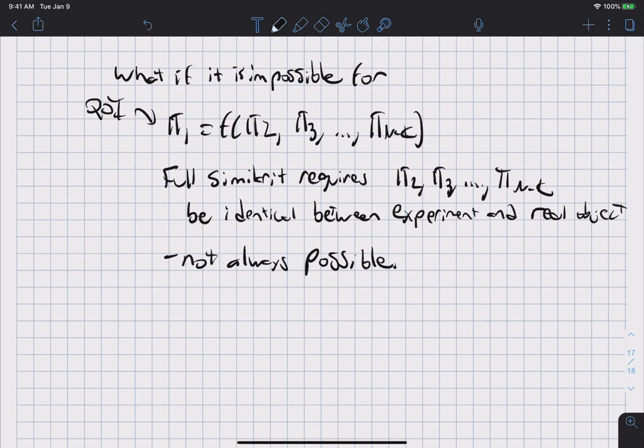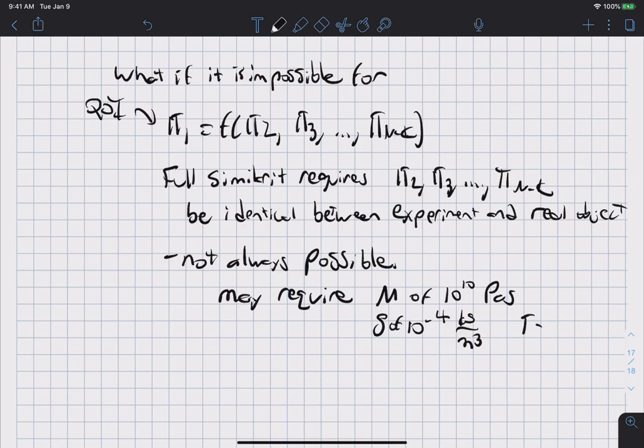Sometimes, if you go through the calculation, that may require a viscosity of, say, 10 to the 10, I'm just coming up with a crazy number, Pascal seconds, a density of 10 to the minus 4 kilograms per meter cubed, or a temperature of, say, 1000 Kelvin, or maybe even larger, let's say 3000 Kelvin.